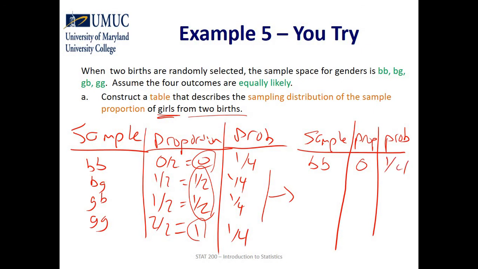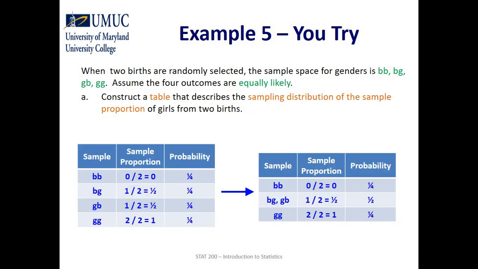My next sample is boy, girl, or girl, boy, which gives me a proportion of 1/2. The probability associated with that is 1/2, because we add up these 2 quarters here. And the last one is girl, girl, which has a proportion of 1, and the probability of that is, again, 1/4. Okay, so if you want to look at that a little cleaner, here's what it looks like.